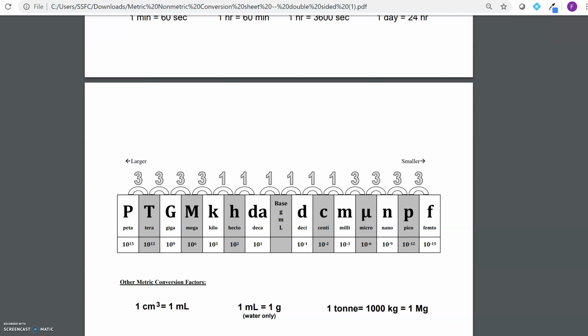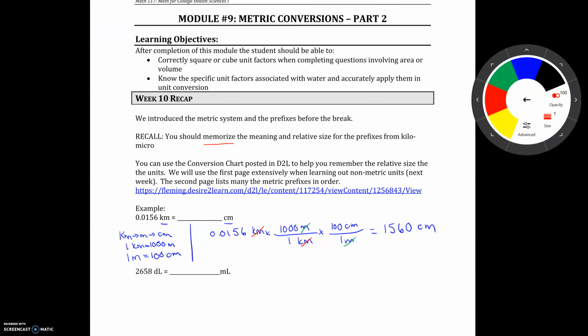Using this chart, we could maybe see that there's 1, 2, 3, 4, 5 powers of 10 between kilo and centi. So another way to do that first question would have been to say 1 kilometer is equal to 10 to the power 5 centimeters, and then we could set up our initial measurement with our conversion factor.